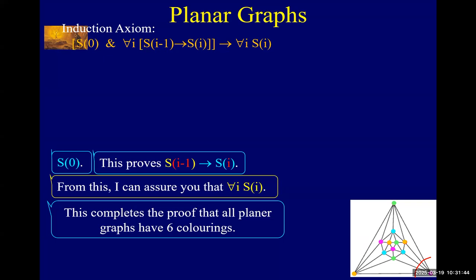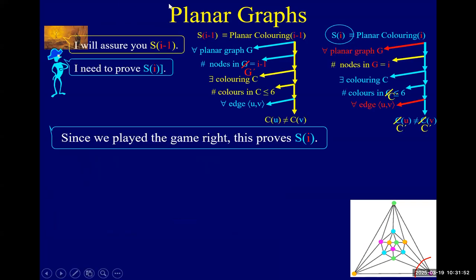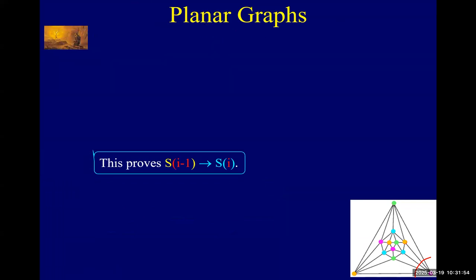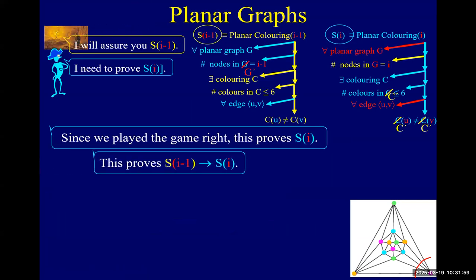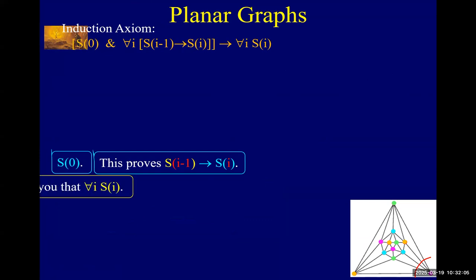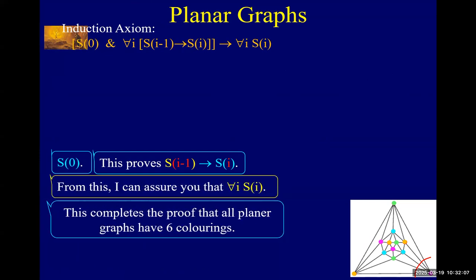Here, I popped back and reminded people of the major steps. What were the major steps? Well, we played the game, so we proved it for S_i. Then pop the stack: we prove S_i gives me S_{i-1}, and we did that as well. So then we get it by induction. We pop the major steps back and remind people what we did.